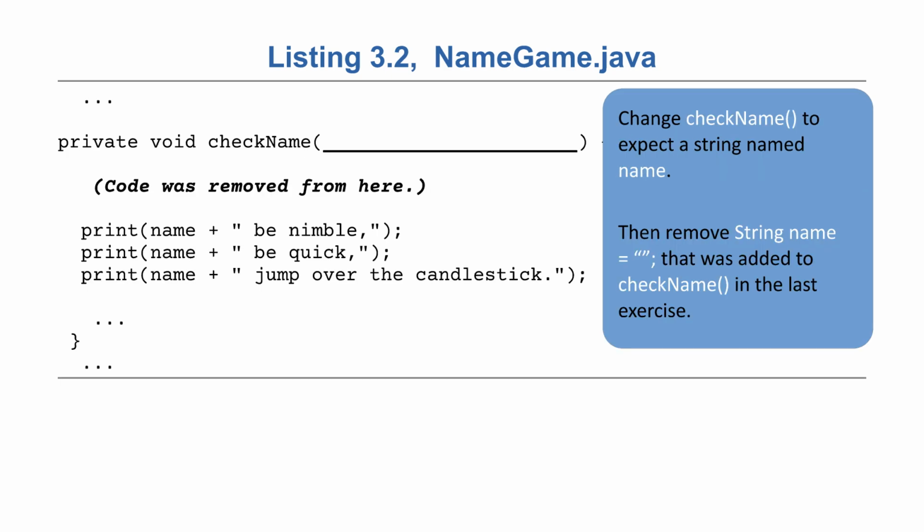Change checkName to expect a string named name. Hint: you define a method to expect a string the same way print was defined to expect a string. Hint: name the variable name instead of s. Then remove string name equals empty string that was added to the checkName in the last exercise. Run it. What happened? It should now use the entered name in all the name game messages.